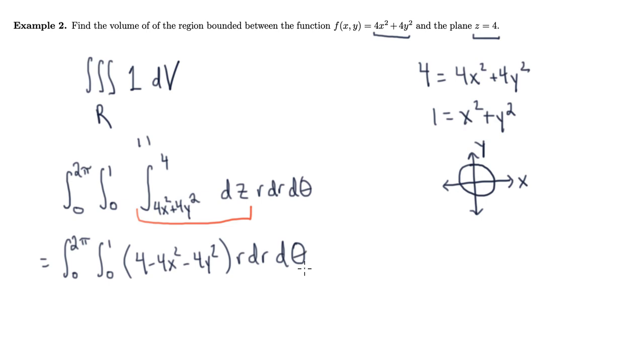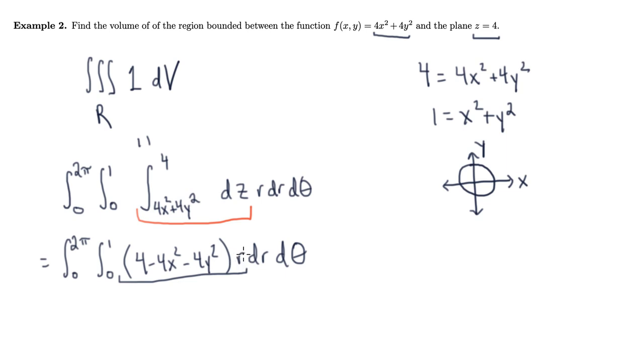Okay, so here's where we really need to dive in and convert into polar coordinates. All right, so let's see what's going on here. Notice that these outer limits of integration are in terms of r and theta. So we really need to make sure that our integrand is all just in terms of r and theta.